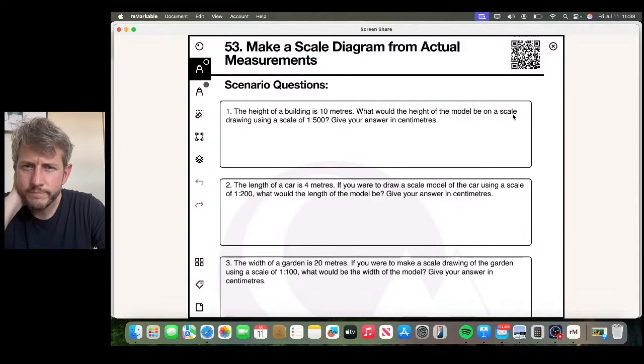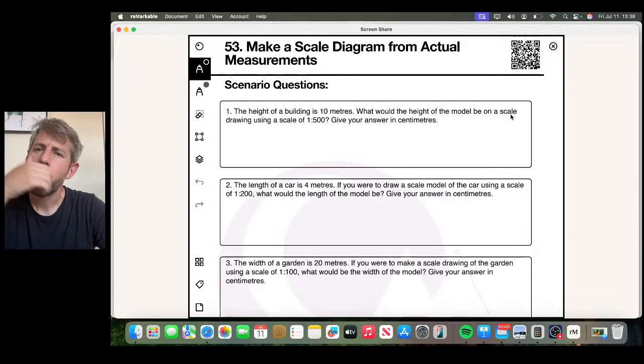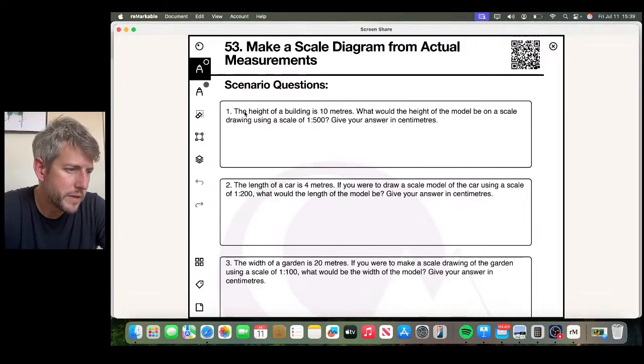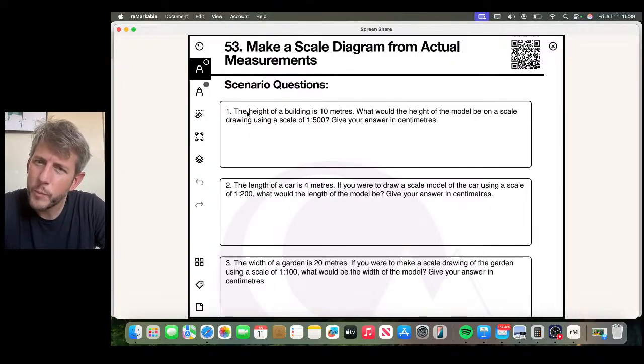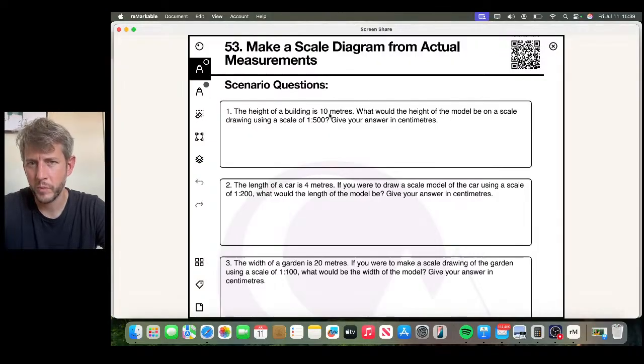Oh, that's confusing, because it's not a model. This doesn't read right. Is it a scale model or is it a scale building? Right. The height of a building is 10 meters. Okay, that's fine. Perfectly acceptable. What would the height of the building be on a scale drawing? That's what it's meant to be.